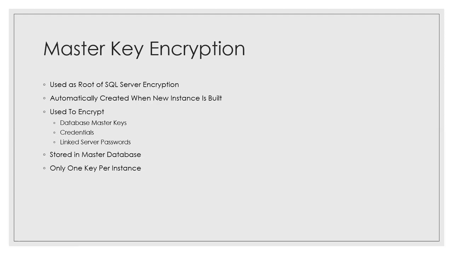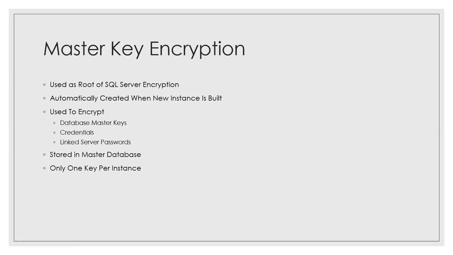What it's used for is to encrypt database master keys, credentials, and linked server passwords. So anything that could give you maybe access or inappropriate access into the system is what master key encryption is utilized for. Now, these keys are stored in the master database, and there's only one key per instance.